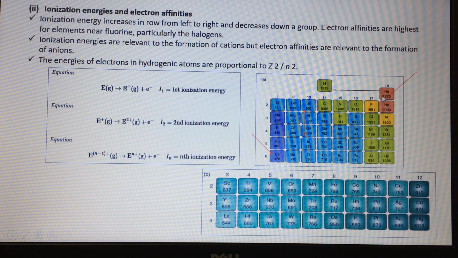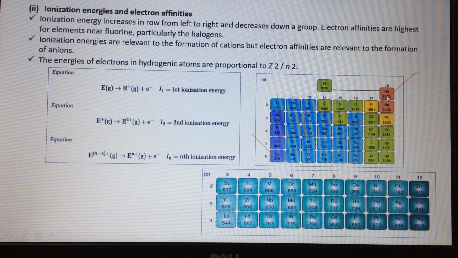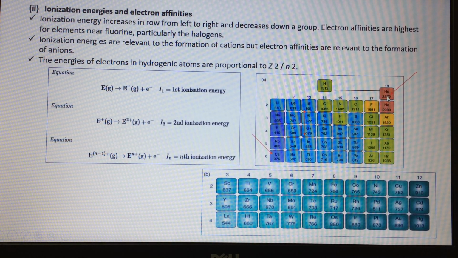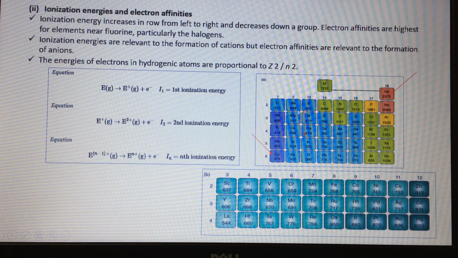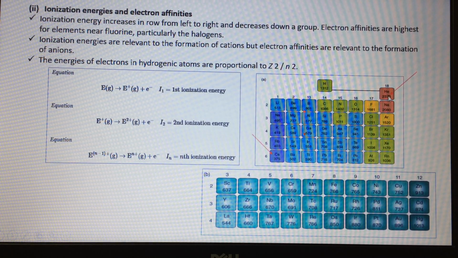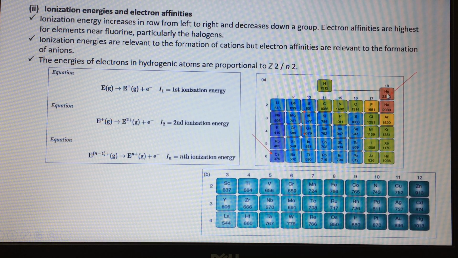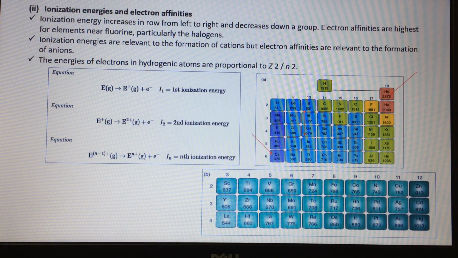If you see this periodic table, the highest first ionization energy is helium's, because its orbital is completely filled. That's why more energy is required to remove the outer electron from this atom, so it has high ionization energy.